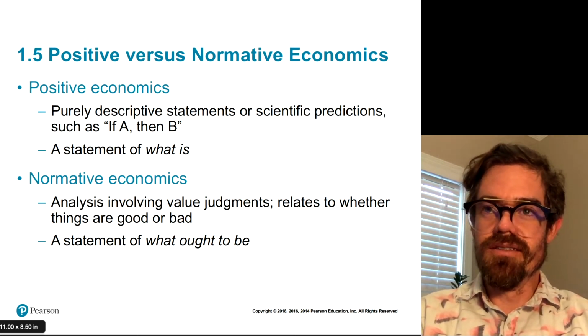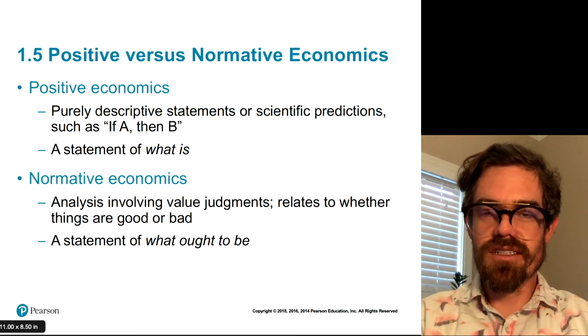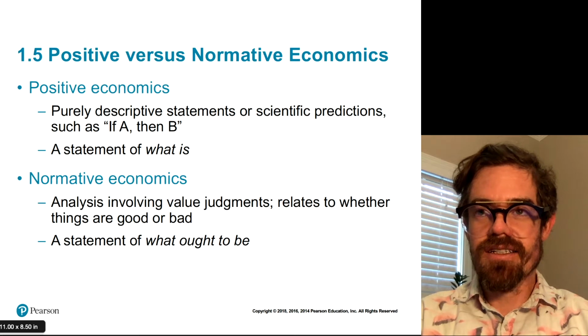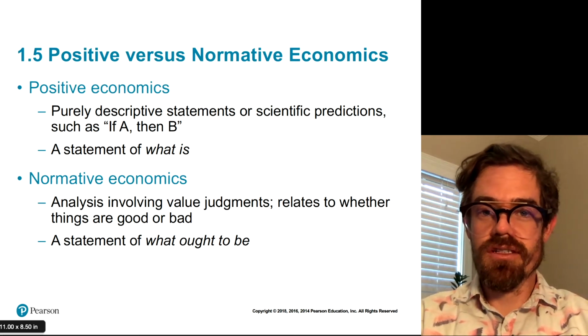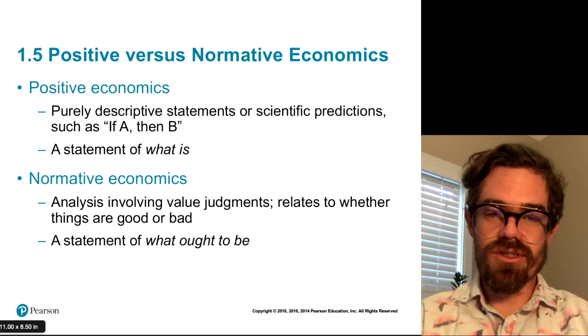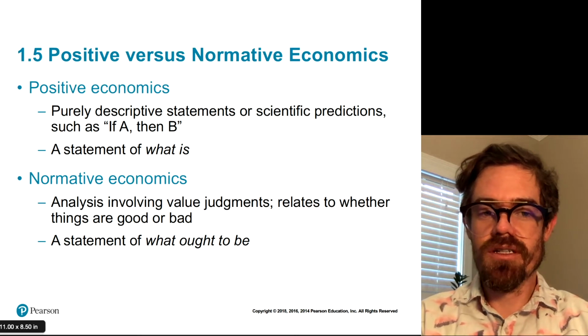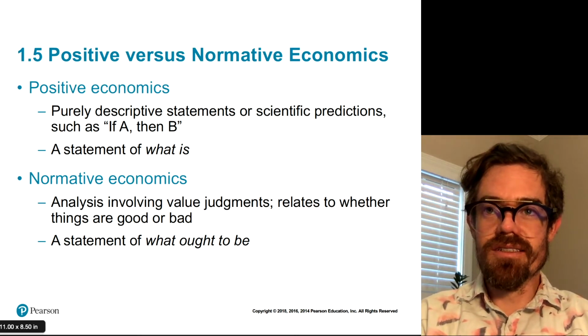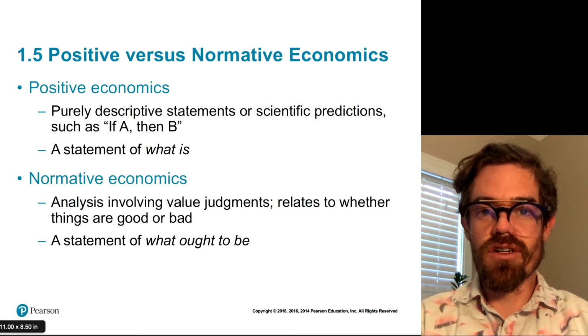Now, hopefully you don't confuse this with the two different types of incentives, but in any case, it's a test, right? True or false. And so positive economics, positive test result, think of it that way. That's one way to try to help yourself remember this. But again, these are statements or scientific predictions, and they can be verified as true or false.